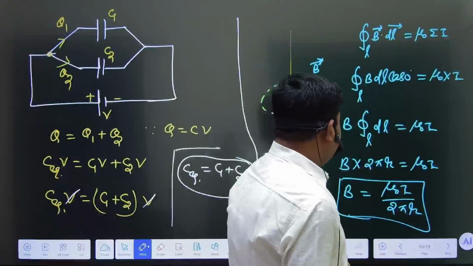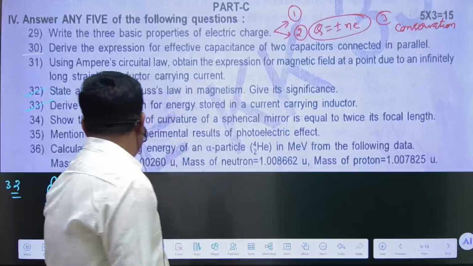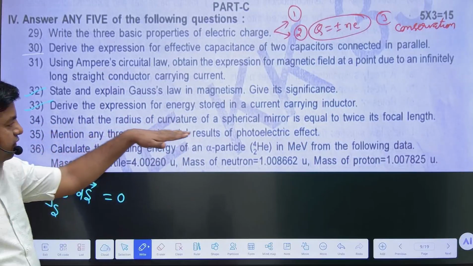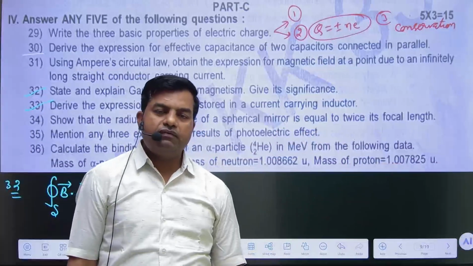Clear to you? So the radius of curvature of a spherical mirror is equal to twice the focal length.